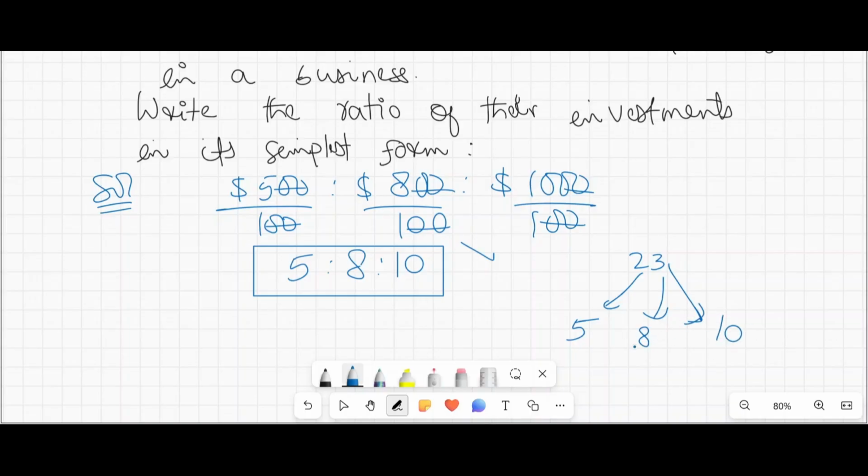Because 10 plus 8 is 18, and 18 plus 5 is 23. I hope this is clear, and ask me if there is a problem.